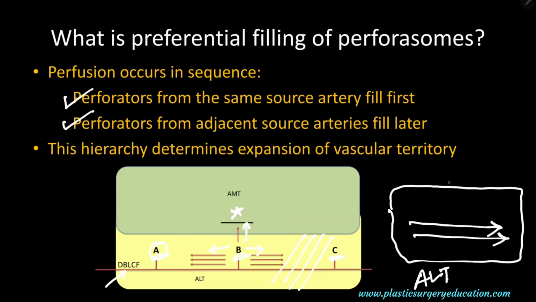It is very likely that this part of the flap will have problems, because it is in the anteromedial thigh territory, and this part of the flap is less likely to have problems because it is in the direction of the descending branch of the lateral circumflex femoral. So this is the preferential filling of perforasomes theory, and it helps us in designing and expansion of the vascular territory, and in the end it helps us in designing of the flaps.